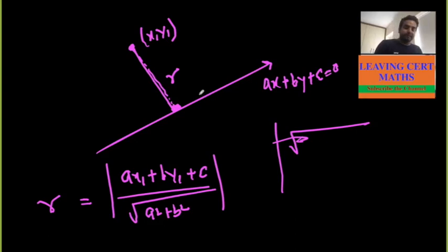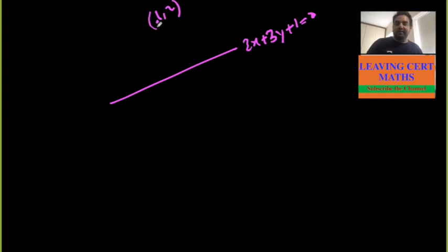Have you got it? It should be on the right hand side of the page. Oh yeah, I see it. Okay, so now you understand the meaning. Suppose they have given you 2x plus 3y plus 1 equal to 0, and the point 1 comma 2. Find the shortest distance.